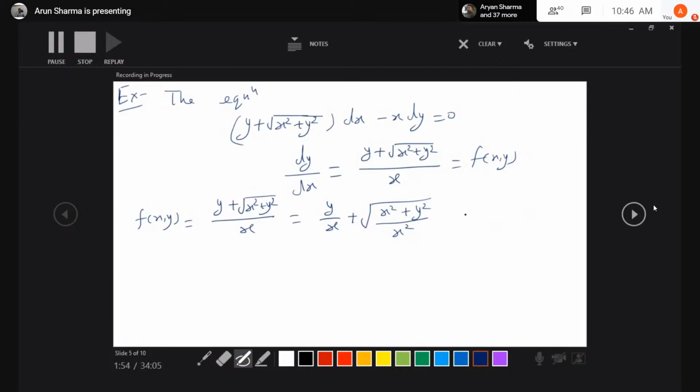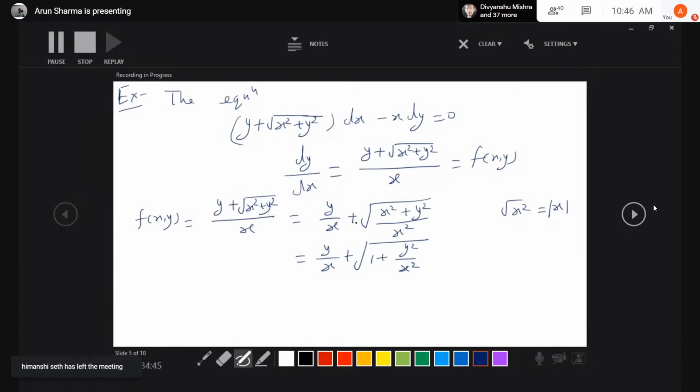So there may be a problem if it is negative and positive. Okay, for time being, don't care about this. So this is basically y upon x plus square root of 1 plus y square upon x square. So basically, square root of x square is not just x, it is mod x.